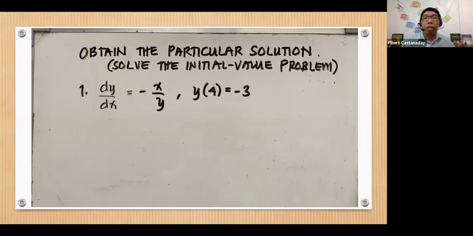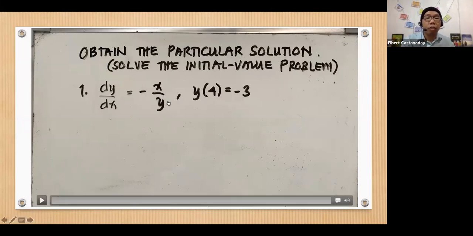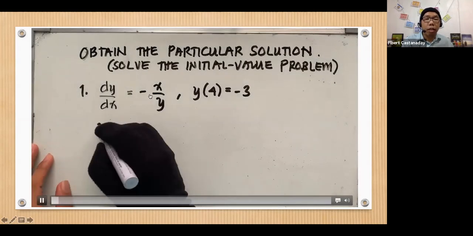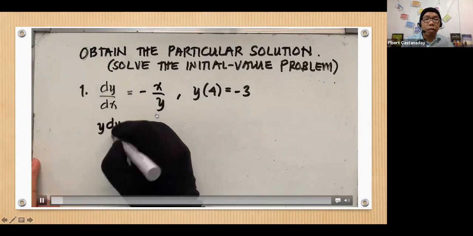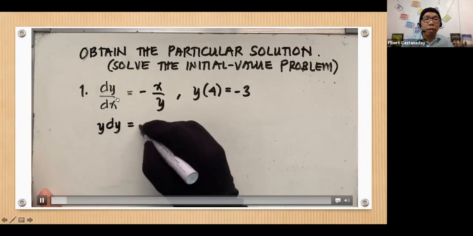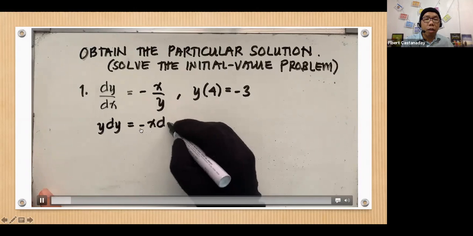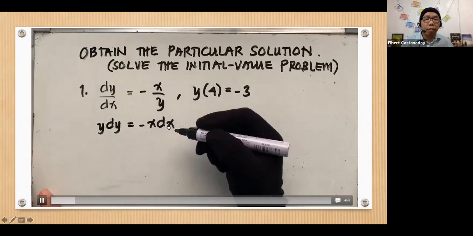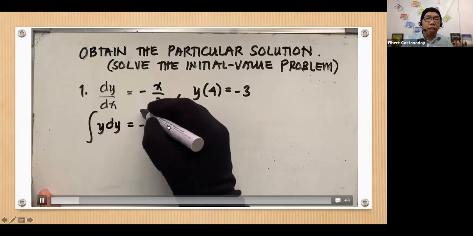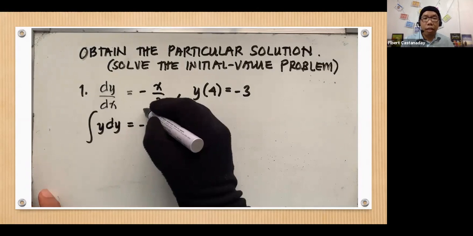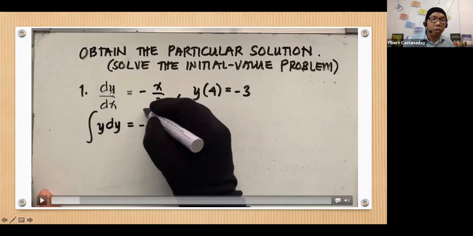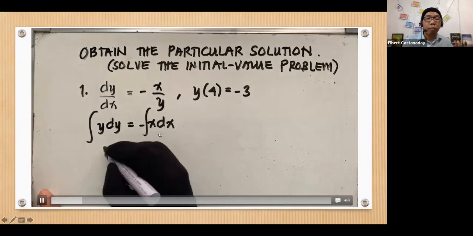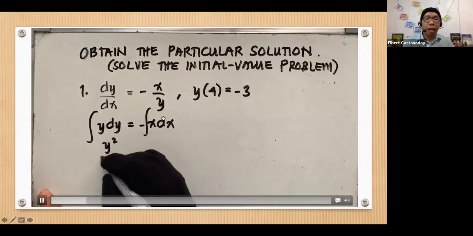So you have initial values or an initial condition. Here I have dy over dx equals minus x over y. I'll just cross multiply. So y times dy equals minus x dx. Very simple, since it's a separable DE, the left-hand side is a pure function of y, and the right-hand side is a pure function of x.